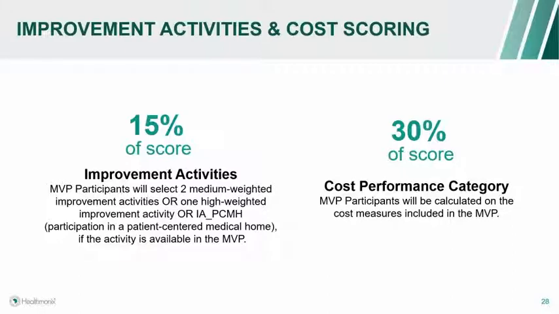That's an option, if the activity is available in the selected MVP. And the cost performance category will be 30% of the score. And moving forward, starting in 2023, if reporting through an MVP, participants will be calculated on the cost measures included in the MVP.